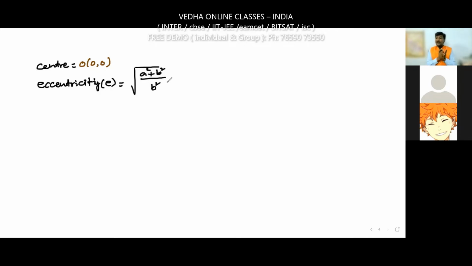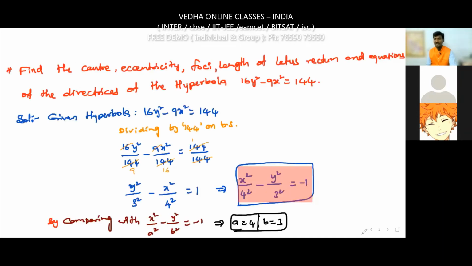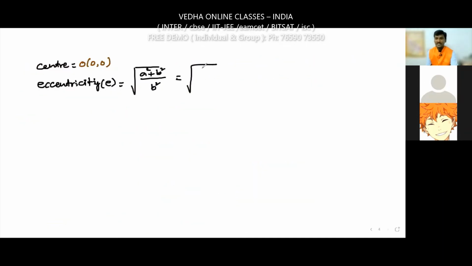In the previous one it was a square plus b square divided by a square; here it is divided by b square. That is the change here. Observe carefully. What are the a and b values? a is equal to 4 and b is equal to 3.